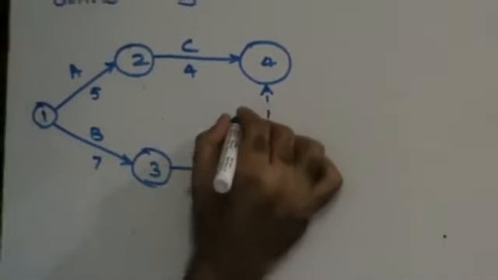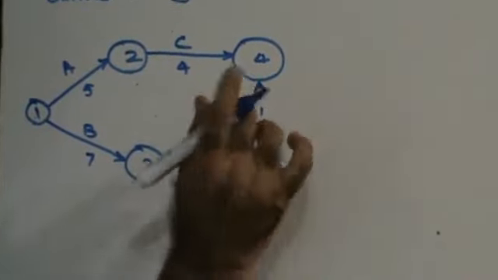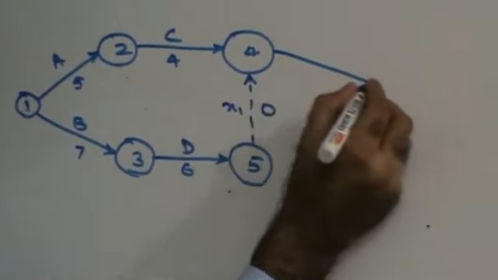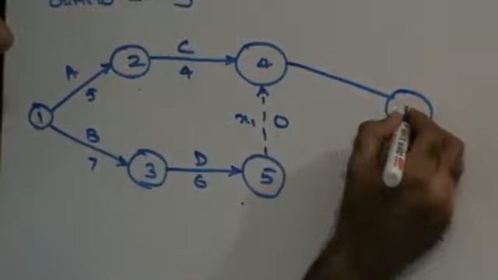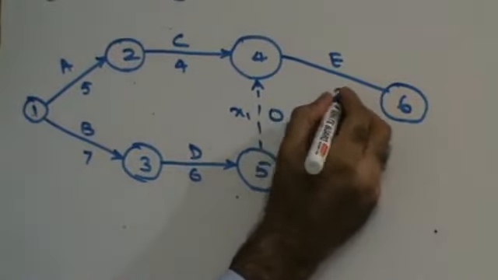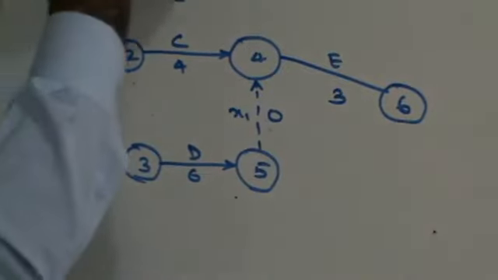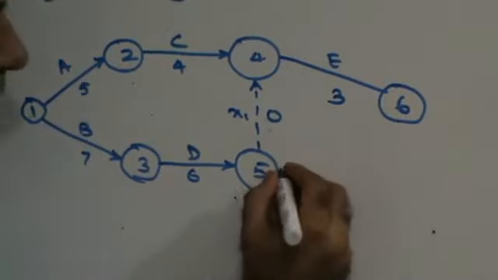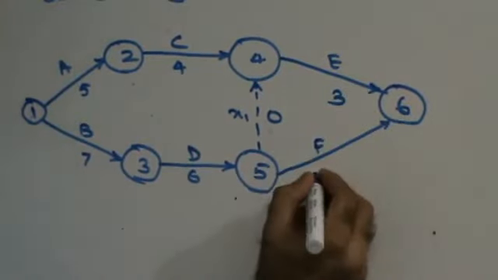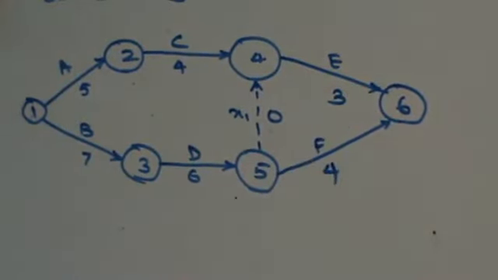We'll call this X1, which is 0. C and D combined to give you E, which is of 3 days. And from D you have F, which is of 4 days. So that makes my network diagram.